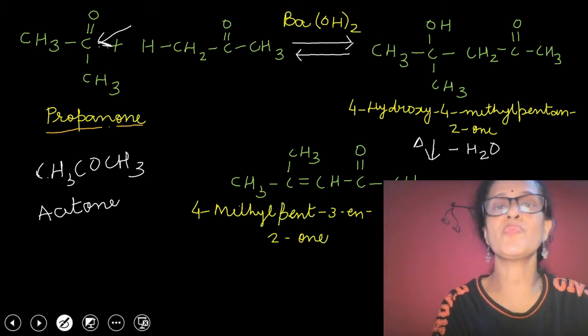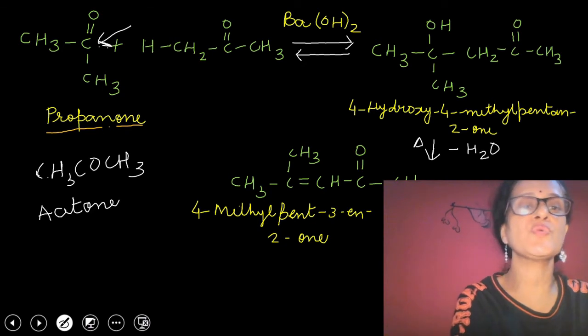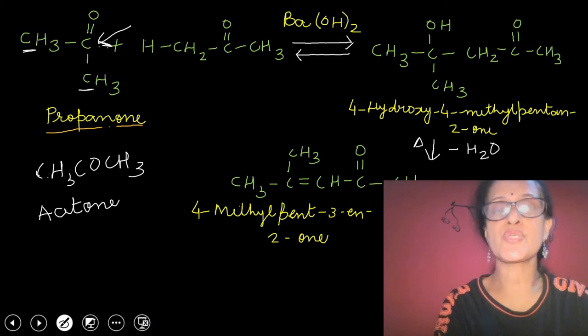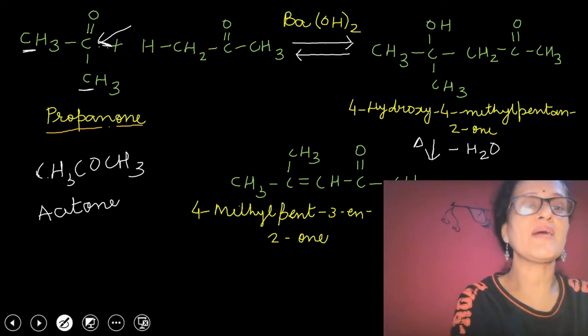You can see that on both sides of the functional group we have 2 carbon atoms. It means this compound has 2 alpha carbon atoms. Now the hydrogen atoms which are attached to an alpha carbon atom are called alpha hydrogen atoms. So you can see that acetone has 2 alpha carbon atoms.